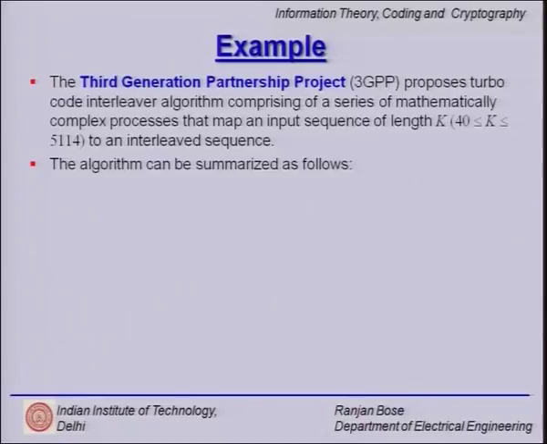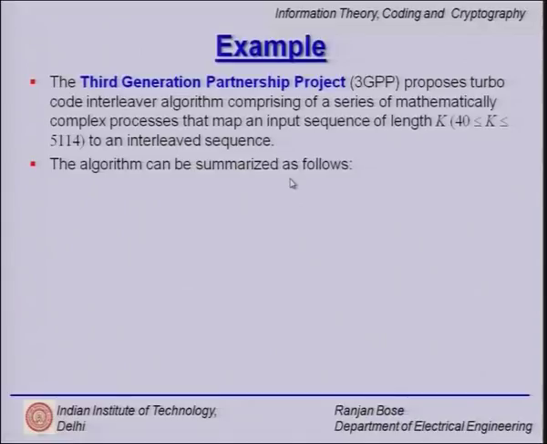The 3GPP, the Third Generation Partnership Project, proposes the use of a turbo code interleaver, and the algorithm is given in this slide. The input sequence can range from 40 to over 5000, so we have to handle this large size of sequence.